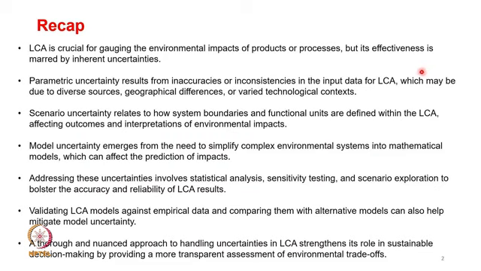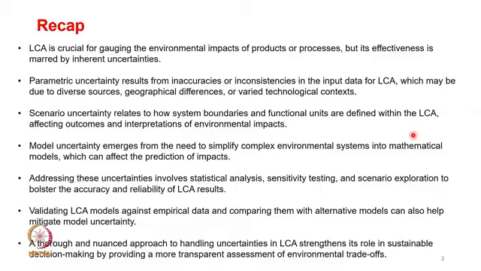So we talked about sustainability and life cycle assessment. The key aspect of life cycle assessment is that it is crucial for gauging the environmental impact of processes or products. But the problem is that there are various uncertainties that affect the actual calculation of life cycle assessment.